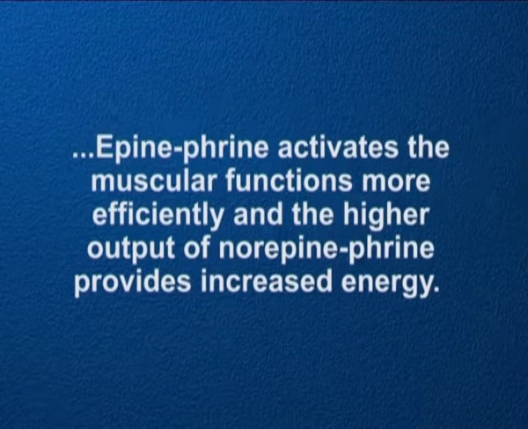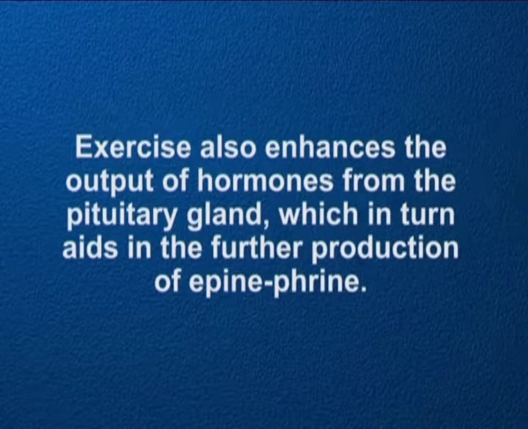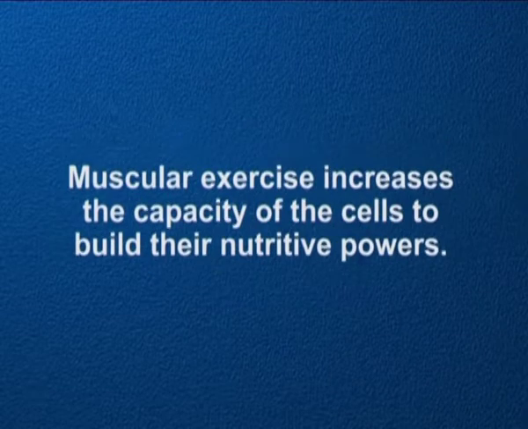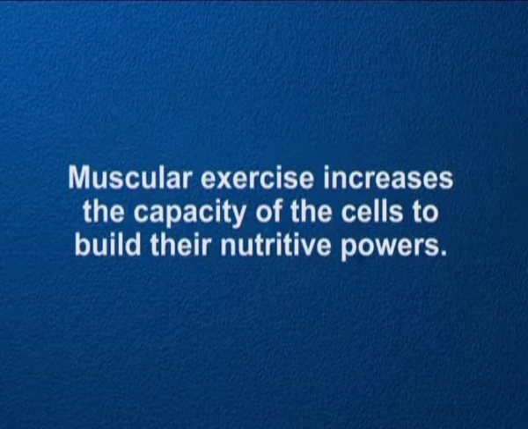Epinephrine activates the muscular functions more efficiently, and the higher output of norepinephrine provides increased energy. Exercise also enhances the output of hormones from the pituitary gland, which in turn aids in the further production of epinephrine.